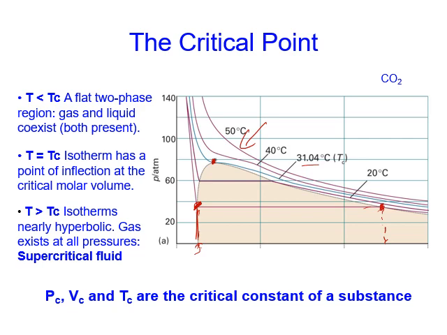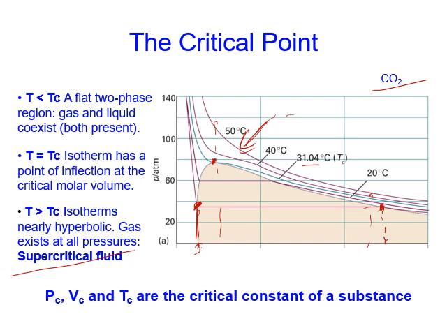There's only one phase, and this phase can have high density like a liquid, or very low density like a gas phase, and this is called a supercritical fluid. So for carbon dioxide, above 31 degrees, it forms a supercritical fluid. Below 31 degrees, there are always two different phases, liquid and gas.